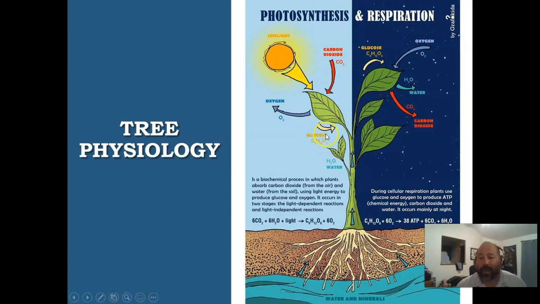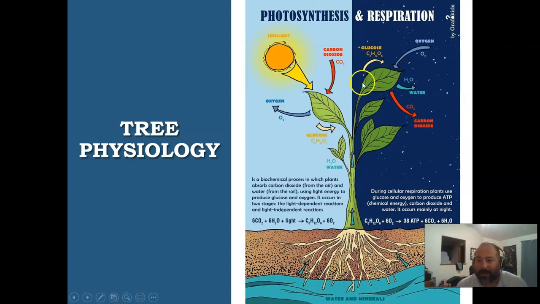And because we have that happen, the leaves turn themselves into energy and create glucose or sugar, and we get oxygen back into the atmosphere. And then with cellular respiration, the plants use the glucose and the oxygen to produce ATP, carbon dioxide, and water, and that occurs mainly at night.